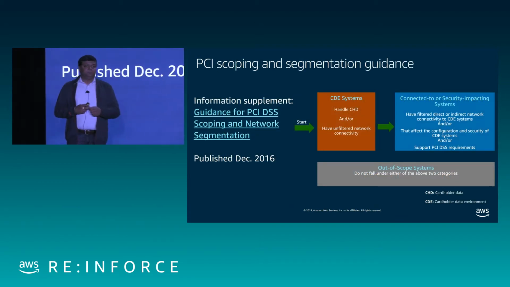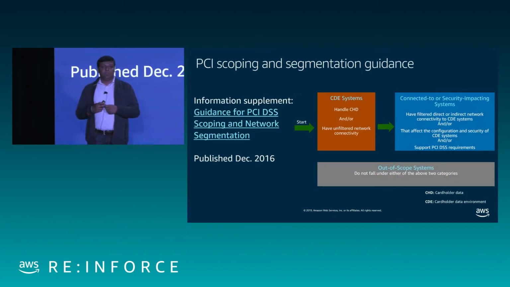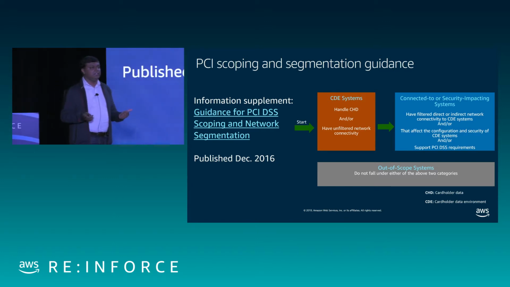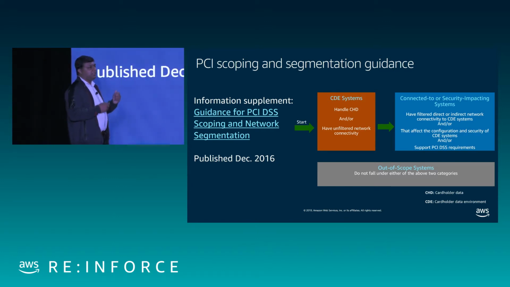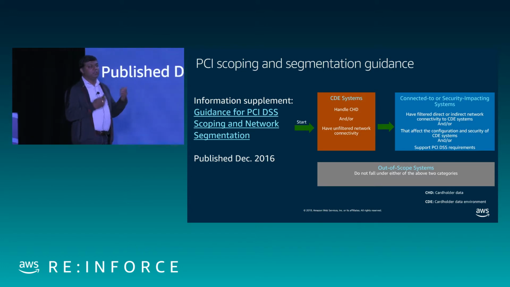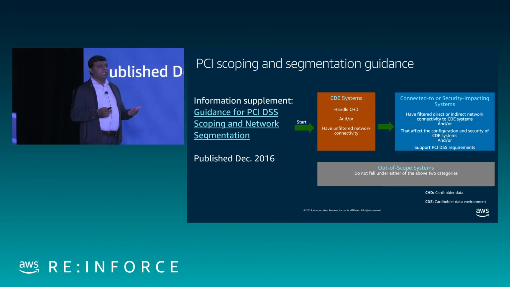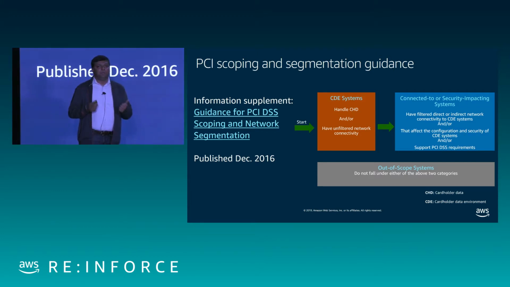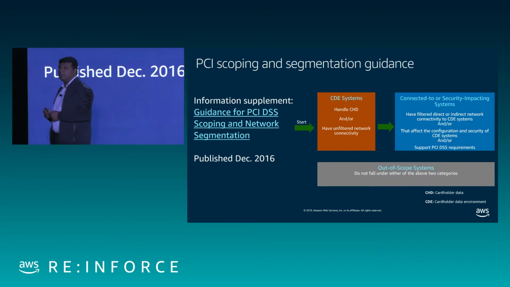So, a quick throwback. In the year 2006, PCI released guidance on what your scope should look like, what the segmentation boundaries or controls are, and what criteria have to be met by segmentation controls.